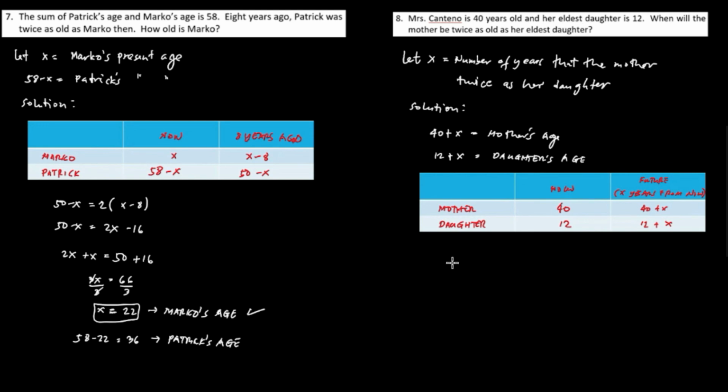So mother's age x years from now, which is 40 plus x, is equal to twice the age of her eldest daughter, which is 12 plus x. And then we simplify.